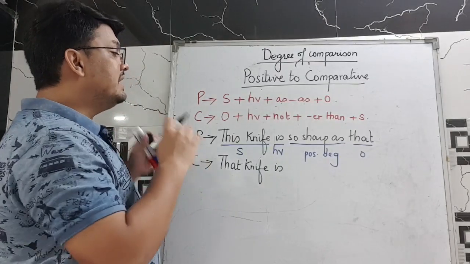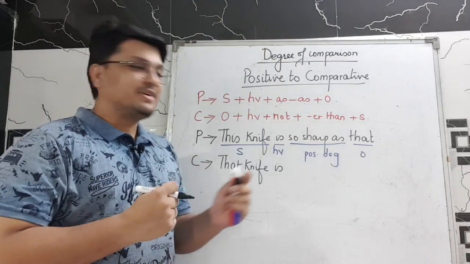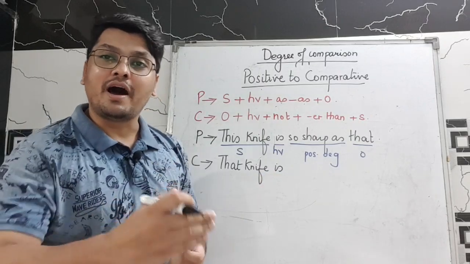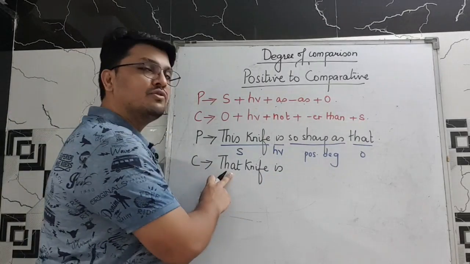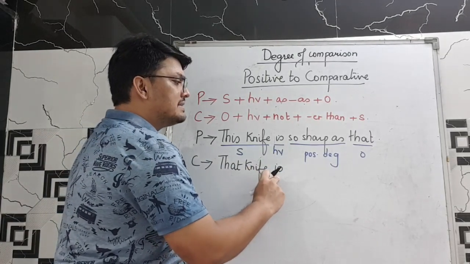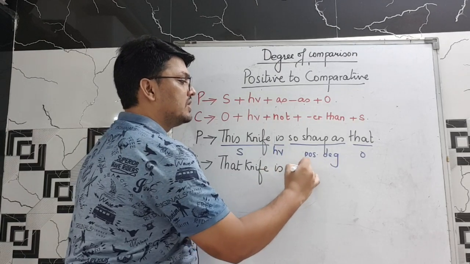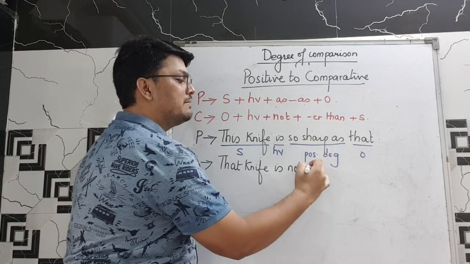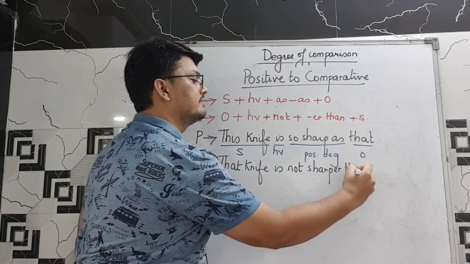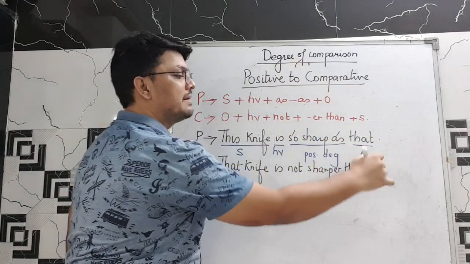Suppose this knife is so sharp as those. If I put those over here, the helping verb will change into are. But here I have used singular, so I'll use is. That knife is. Then you have to place not. So sharp as will become sharper than. You will cancel this too. Sharper than, and bring the subject over here.